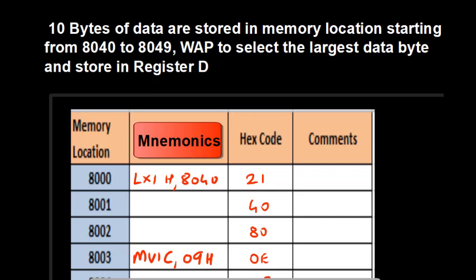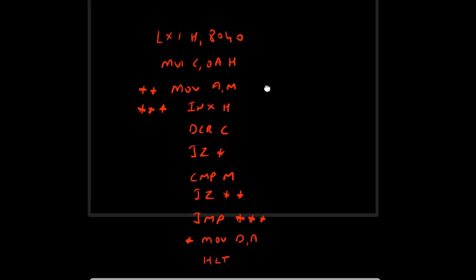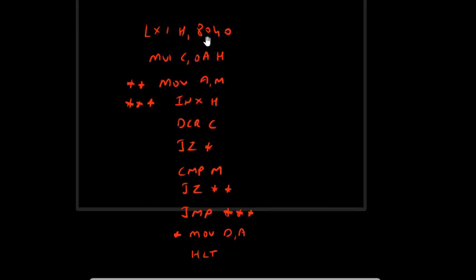So here we have the program. The very first step is initializing the memory location. Now the strategy we are using in this case is that we take the data from the memory location into A, because without A we cannot compare. So we take the first data byte in A and compare it with the second one.